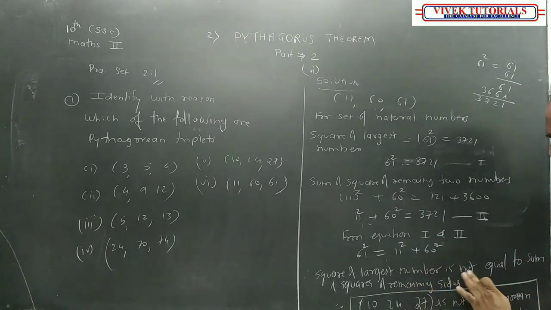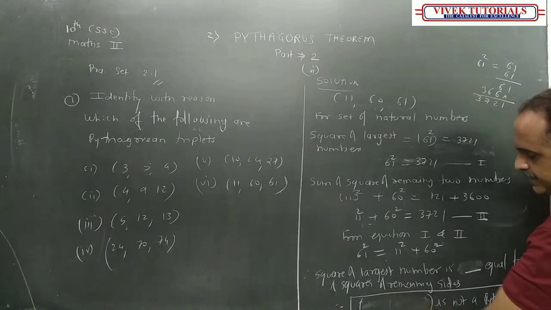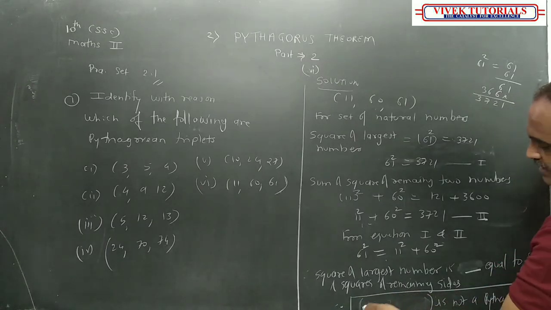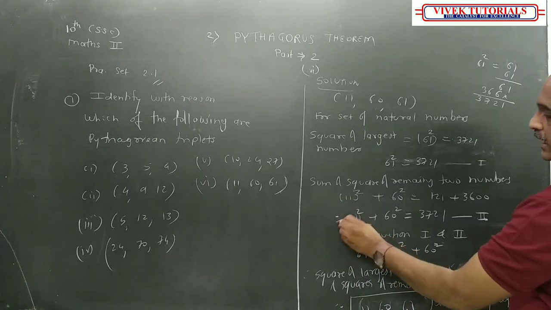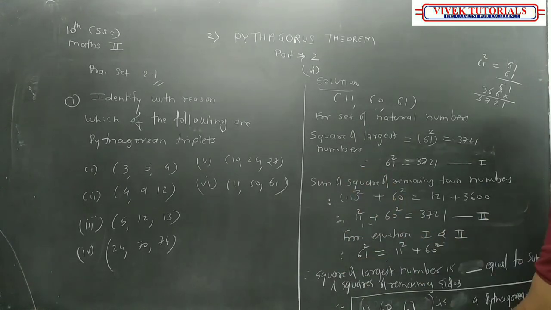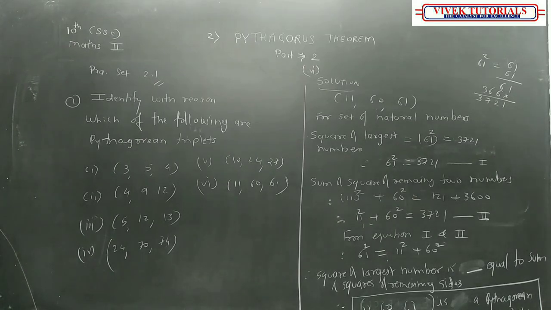The square of the largest number is equal to the sum of the other two. So our answer is 11, 60 and 61 is a Pythagorean triplet. Have you understood this? Please copy it down properly, and we are going to stop here for the second part of the Pythagoras theorem. We'll continue the remaining questions in the third part. Thank you, students.